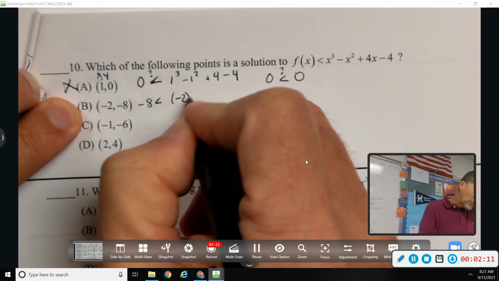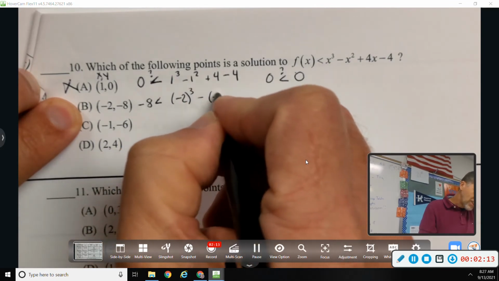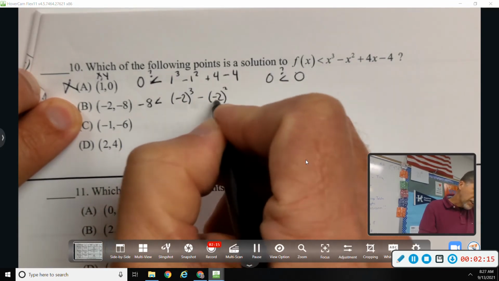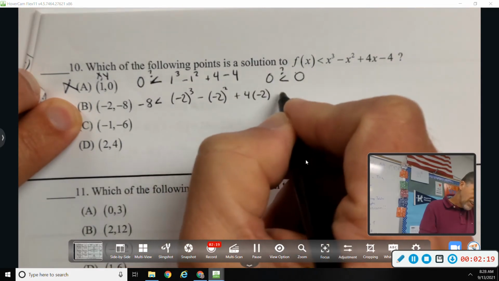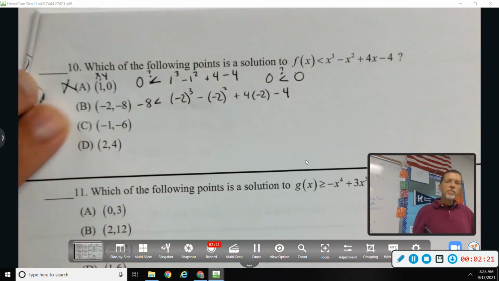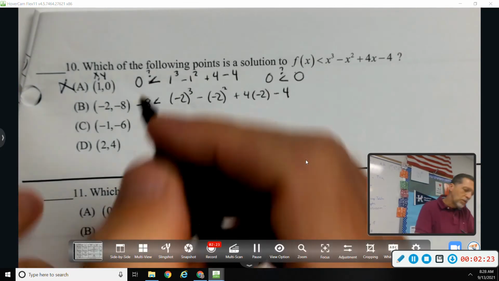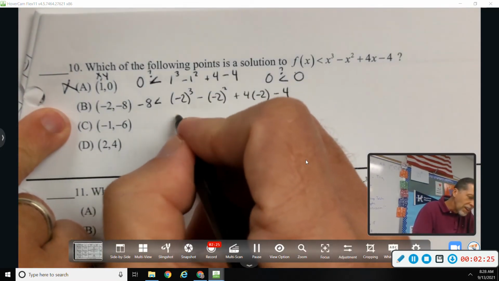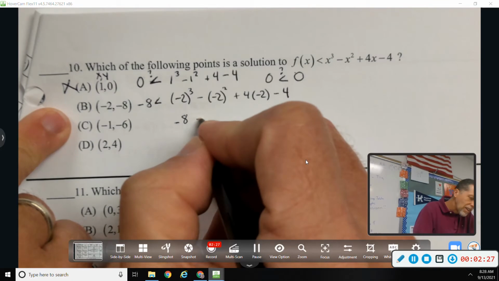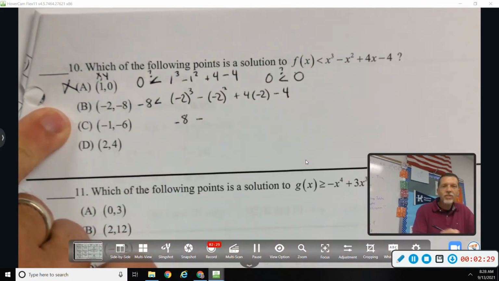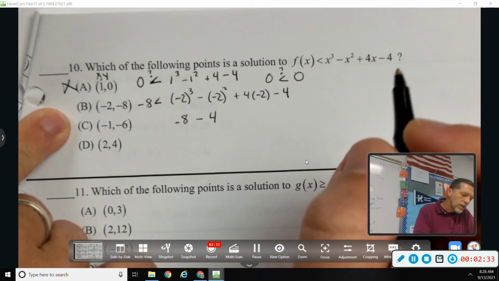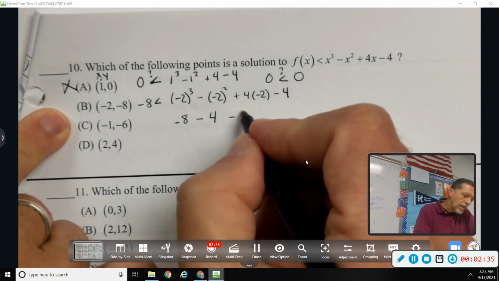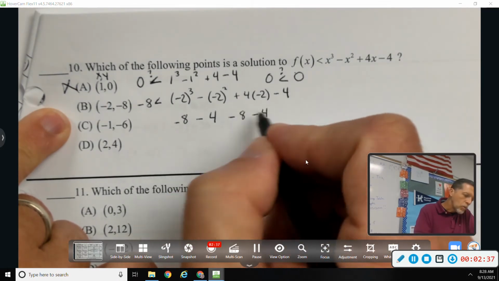I have to cube -2 and then subtract -2 squared. So yes, we'll have to be super careful here. -2 cubed is -8. The square of -2 is +4, but then that negative makes it -4. -8 minus 4.